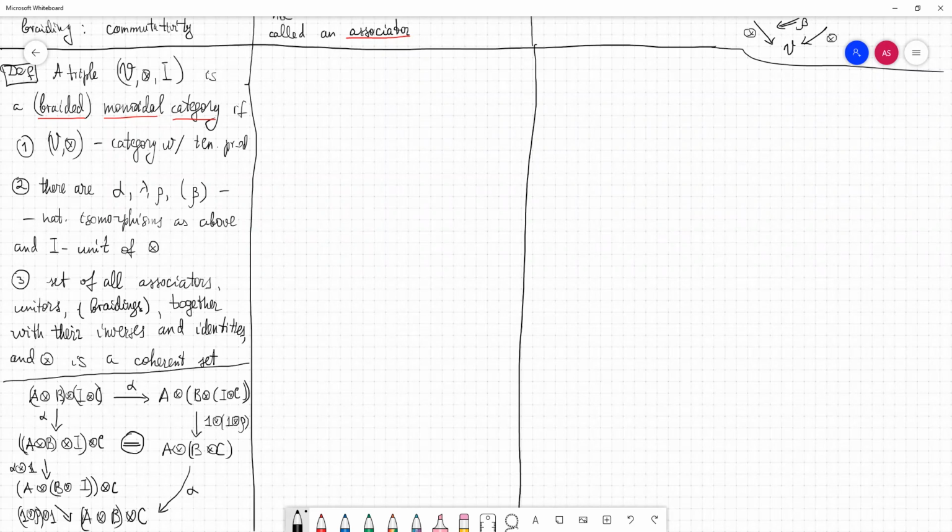This is one of the equivalent ways to define it, and in my opinion, it hits all the necessary points. That we have coherence of all our distinguished maps in a monoidal category.